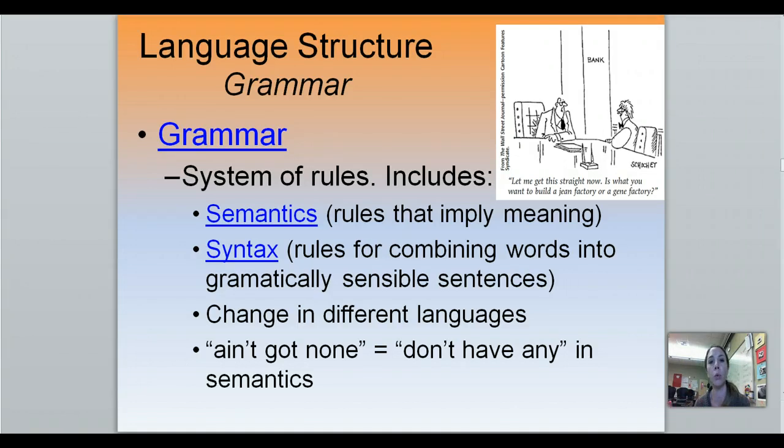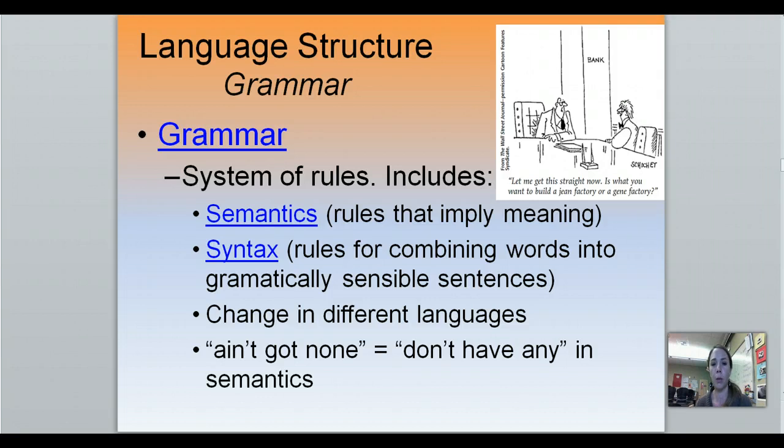Grammar is a set of rules, and it includes two sub-things, semantics and syntax. We've already talked about semantics. Semantics is talking about the meaning of something, that when you encode it for meaning, it's more likely to stay with you. So semantics are rules that imply meaning.